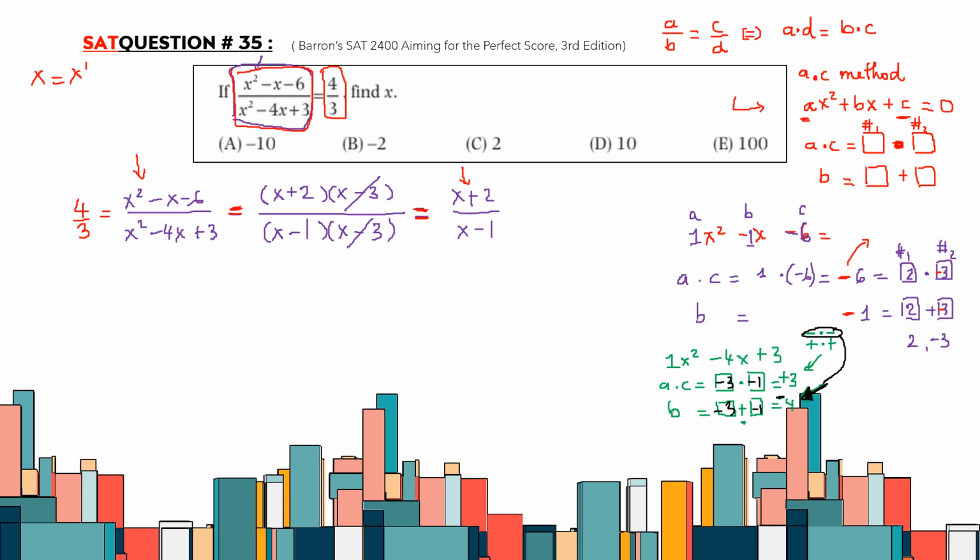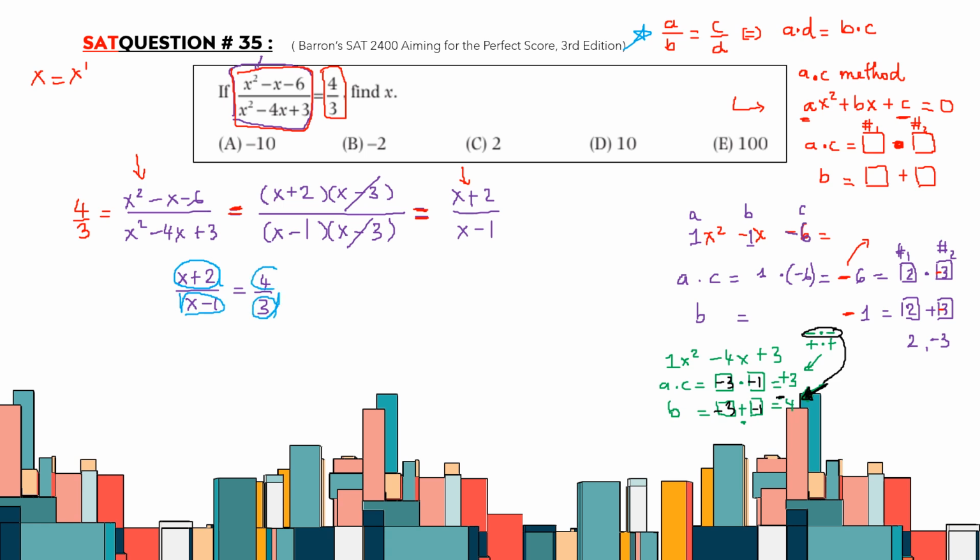So now our job is just solving a new problem. We have x plus 2 over x minus 1 equals 4 over 3. And we use the formula we talked about here, a over b equals c over d.